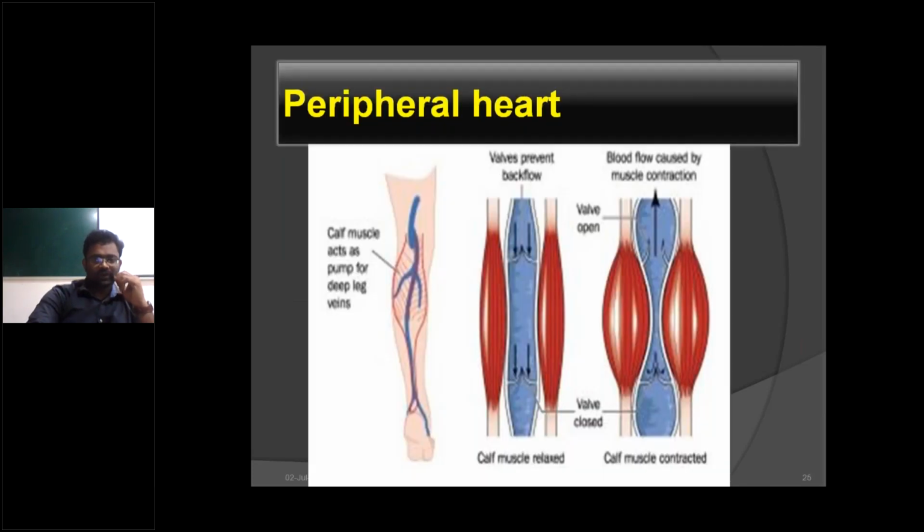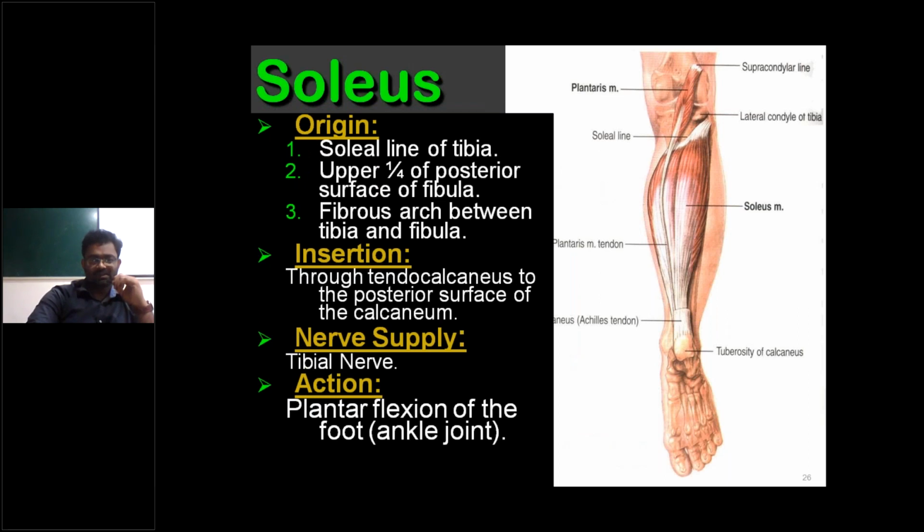Soleus is a very important point here. Soleus acts as a peripheral heart. It increases the venous return: it collects the venous blood from superficial to deep, and it is ejected towards the heart. That's why it is called the peripheral heart.